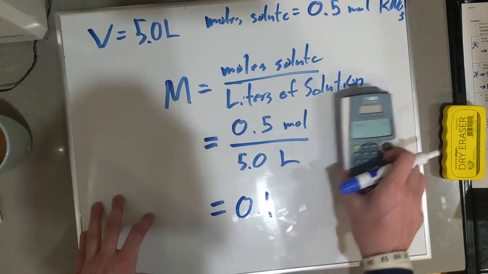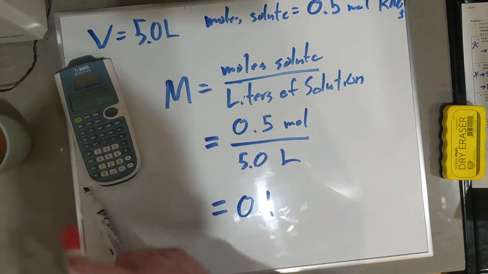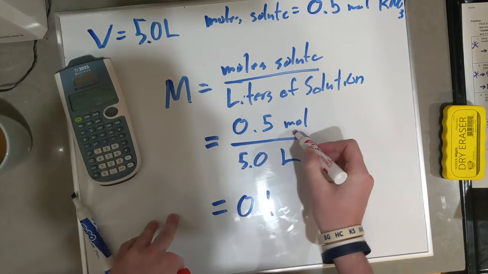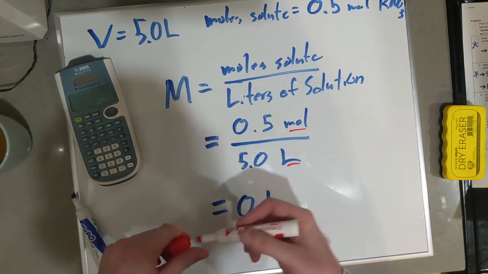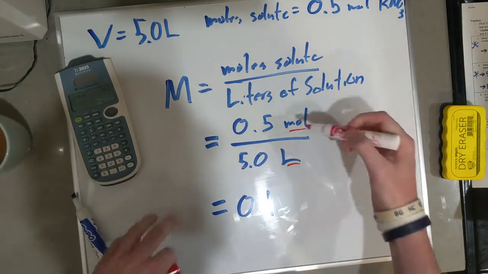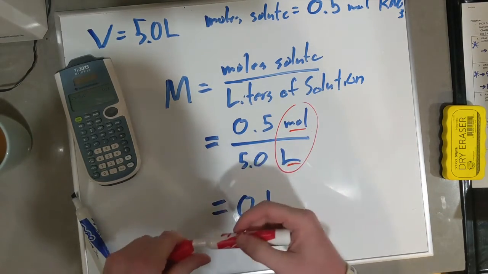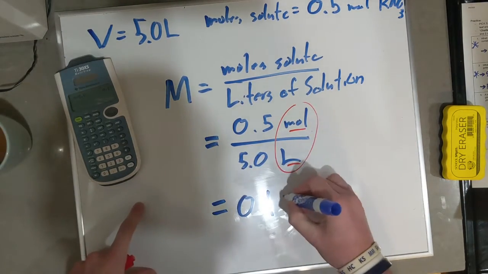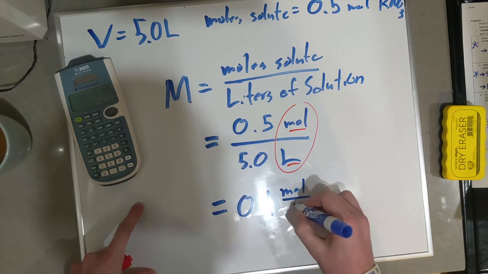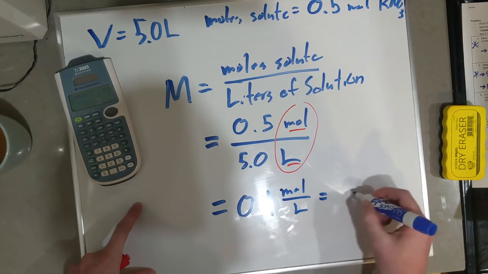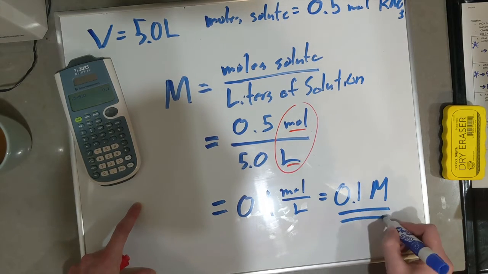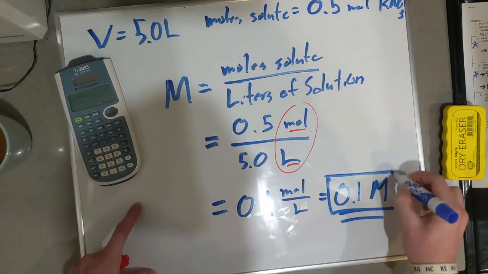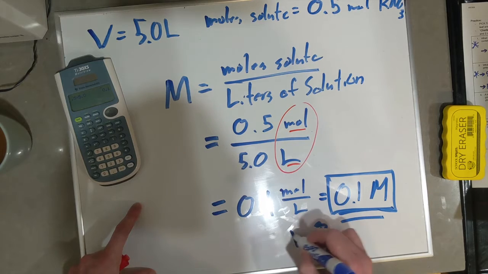0.1. And now it's important, what are our units? Well, our units, we have moles divided by liters. Nothing got canceled, so we're going to keep both of them. And our unit becomes moles per liter. Or we can also write that as 0.1 capital M. Both of these are correct.